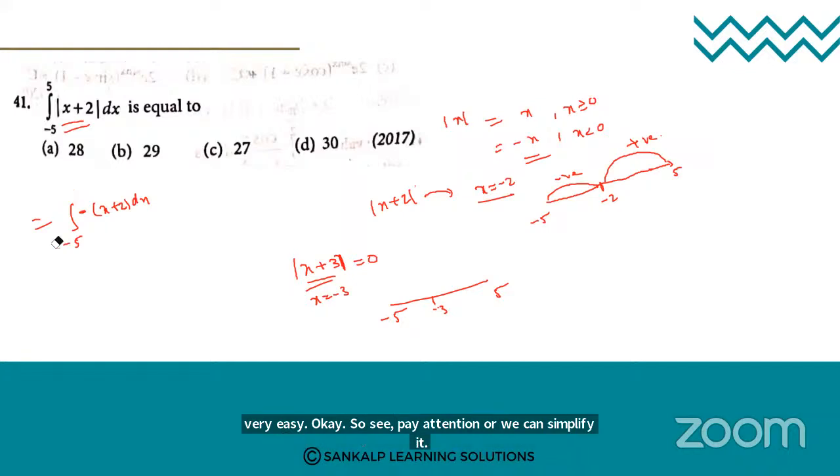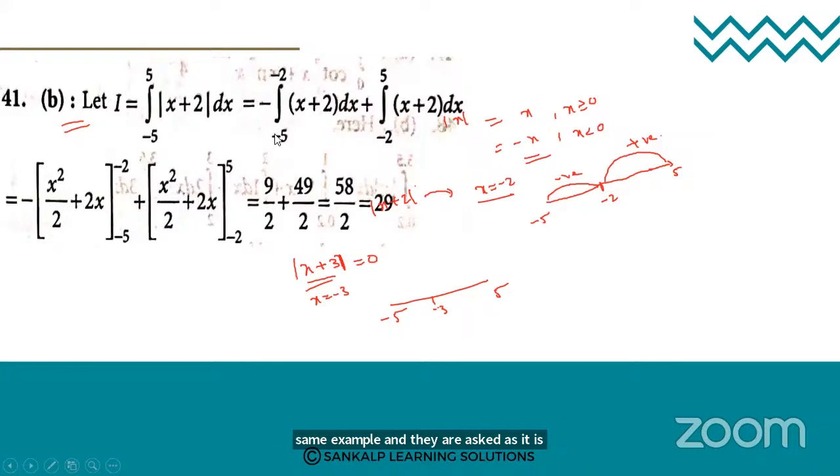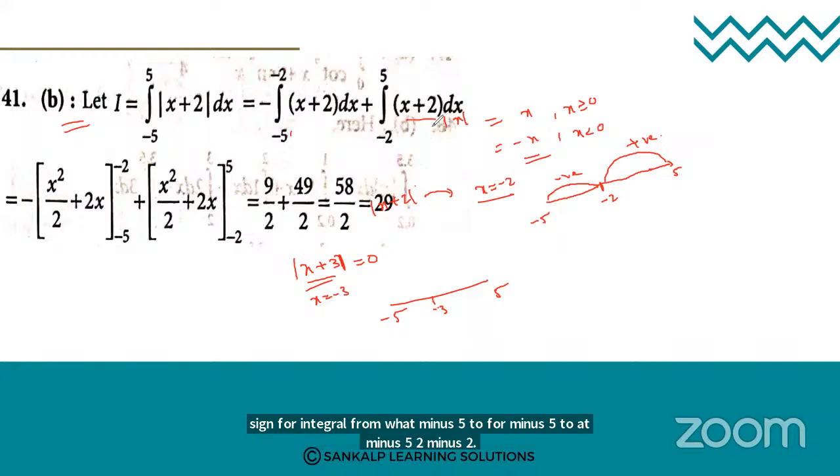The example is from 7.11 of your NCERT book, the same example they have asked as it is. Next, see what they have done. They have used a minus sign for the integral from minus 5 to minus 2 of x plus 2 dx, plus the integral from minus 2 to 5 of x plus 2 dx.